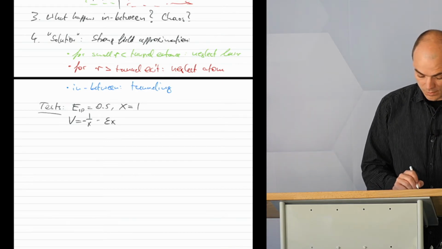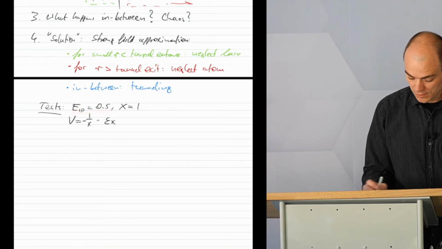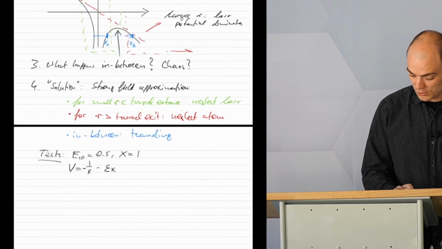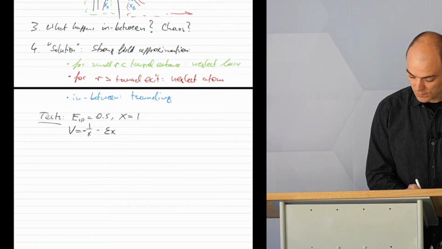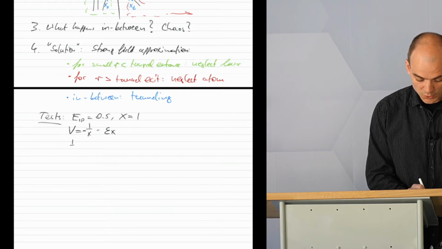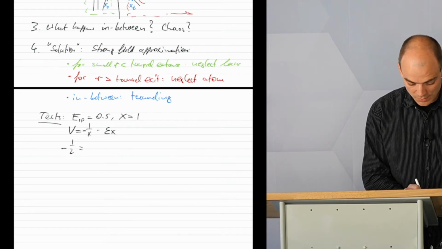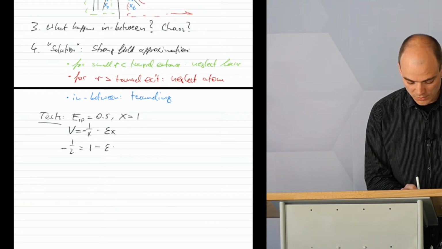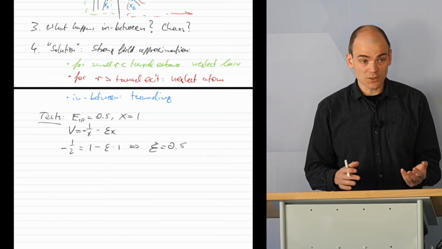So the value of the ground state here is half an atomic unit. So we have 1 over 2, actually minus 1 over 2, since this is the binding, the energy is negative. And this would be then 1 minus E times 1, and so the electric field would have to be half an atomic unit of field strength, and that's actually a very intense field already.